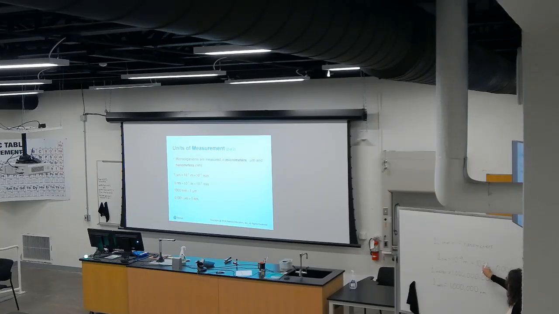Because when this is minus, that means that you will be moving the dot, the point, to the left, okay? So then, if we have 1 million nanometers in 1 millimeter, then what will you do here?